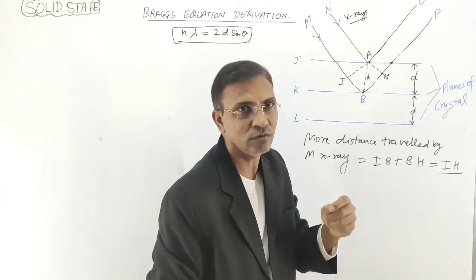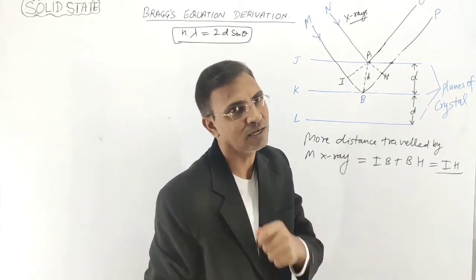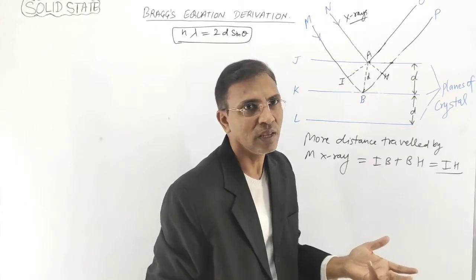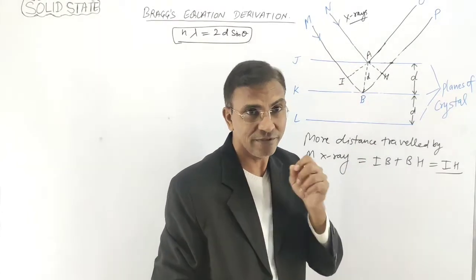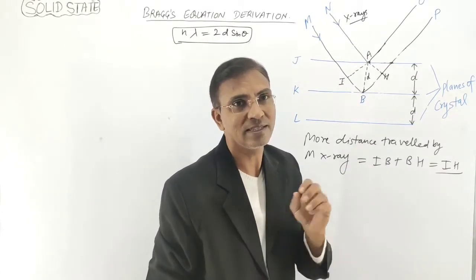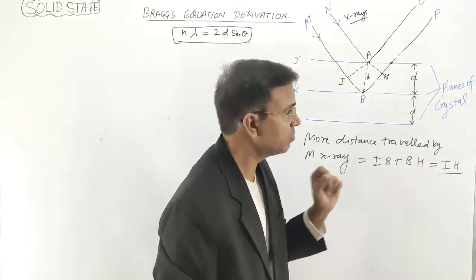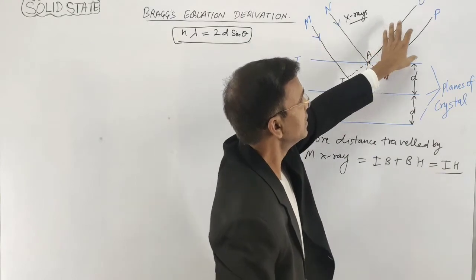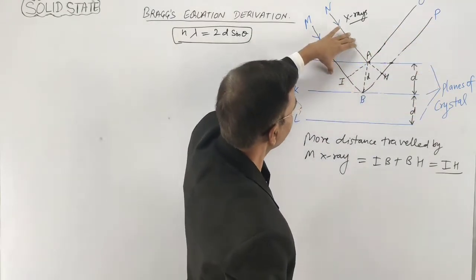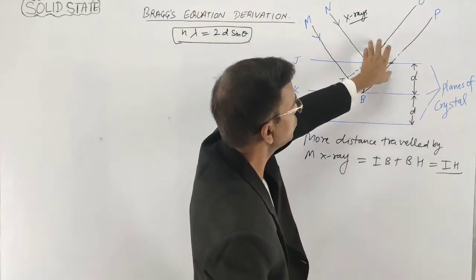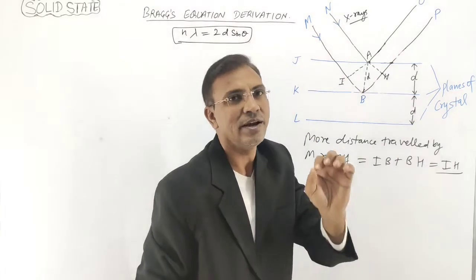That's the only way to get the maximum strength of signal, otherwise we cannot get the signal. If destructive interference of diffraction takes place, then the signal strength will be low and we cannot get the signal. So to get the strong signal, after diffraction these two rays must go through constructive interference.